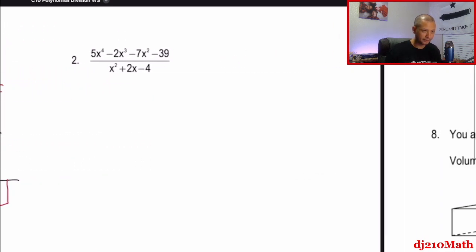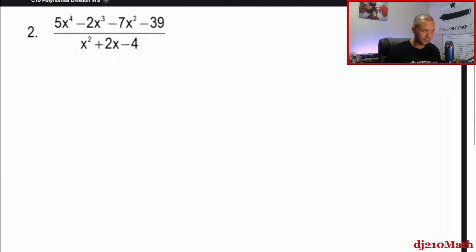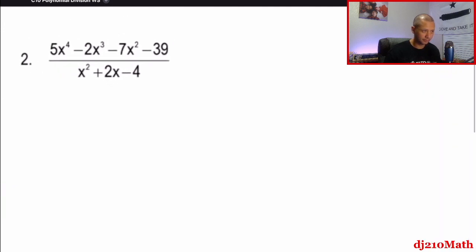Okay, moving along. Number 2. So in the numerator, we have 5x^4, x^3, x^2. We're missing an x. So we're going to need a 0x term. And in the denominator, x squared and an x. Okay.